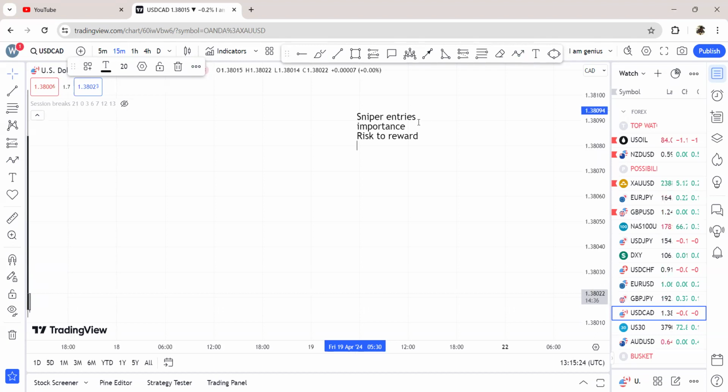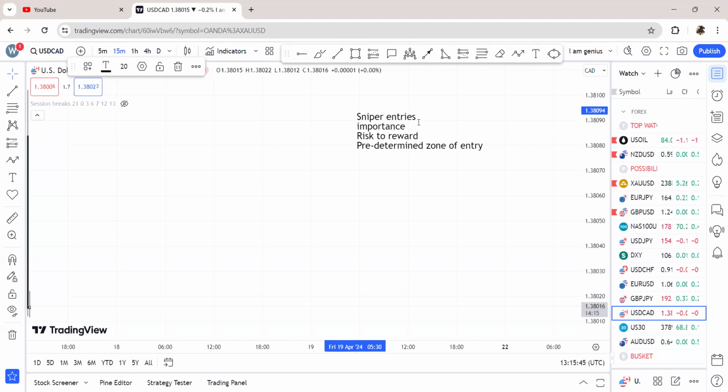Then the other thing is having what I call a predetermined zone of entry. This one is very, very important. Why?